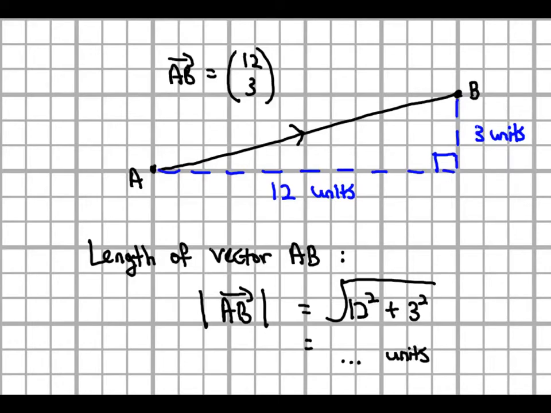Therefore, the length of any vector is simply labeled as the vector inside two vertical lines, as shown here. And to find the value, we simply use Pythagoras theorem. In this case, the square root of 12 squared plus 3 squared.